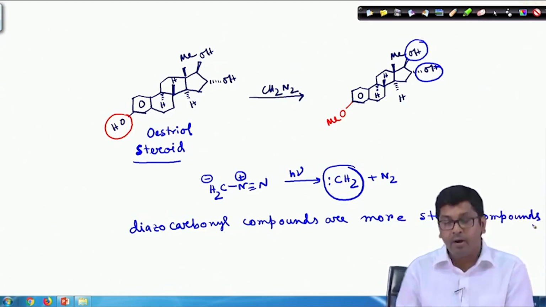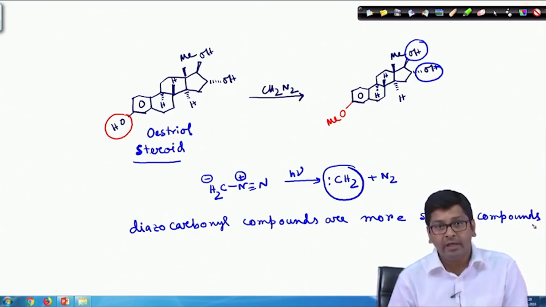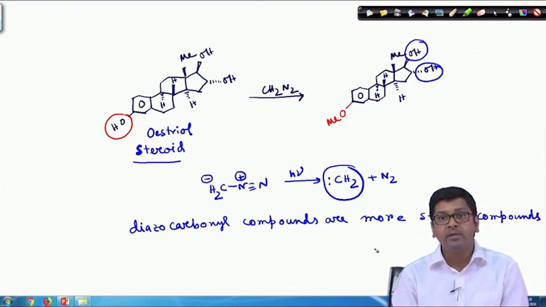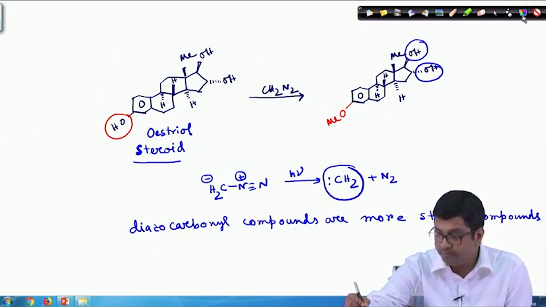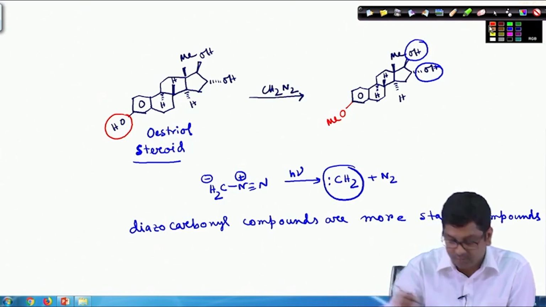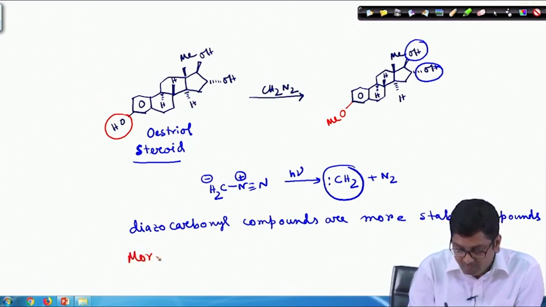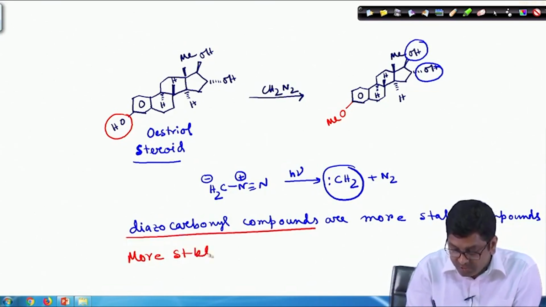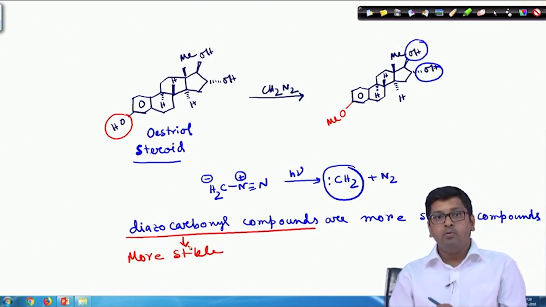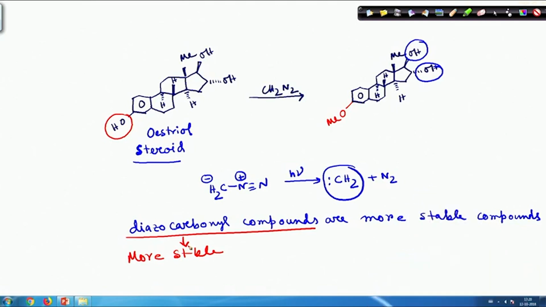So, handling of these compounds will be much easier. Okay. So, once this is a more stable compound, so what am I talking about? More stable. So, these diazocarbonyl compounds will be more stable. Okay. So, now if something is more stable, that means we can easily handle them, or the use of these diazocarbonyl compounds in reactions will be easier.